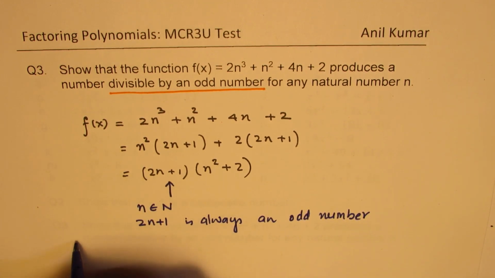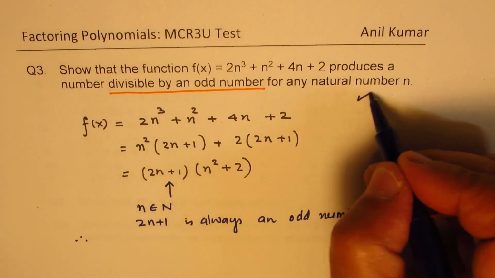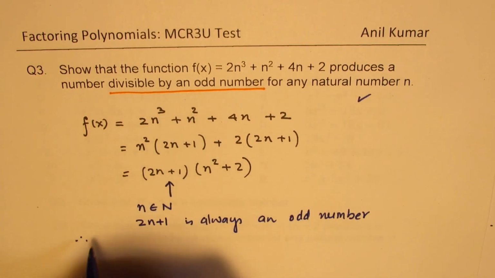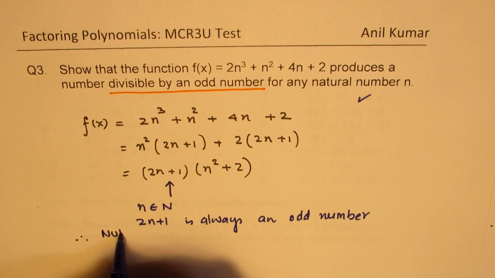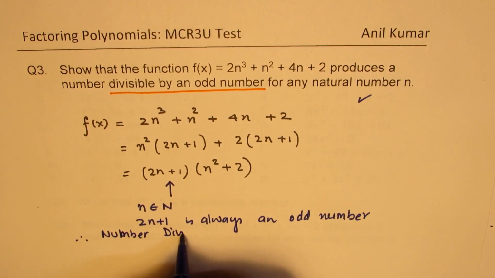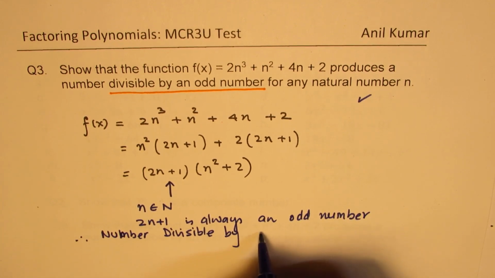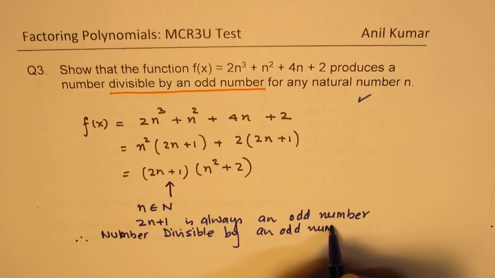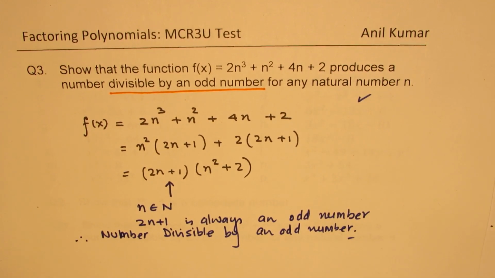And therefore we can say that it produces a number divisible by an odd number. Is that clear to you? Perfect. So that is how we could do it.